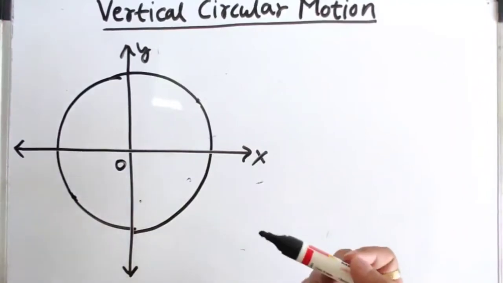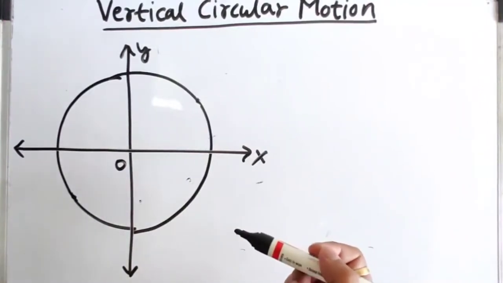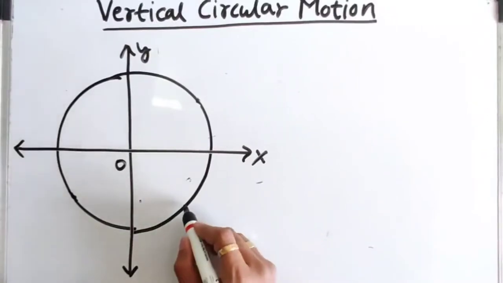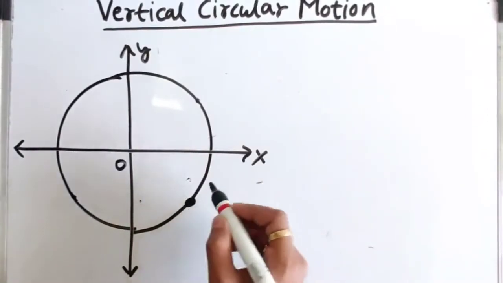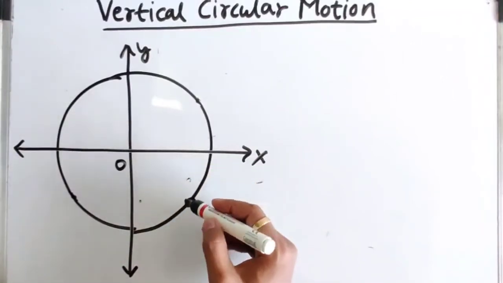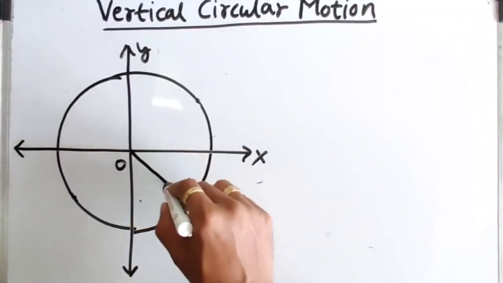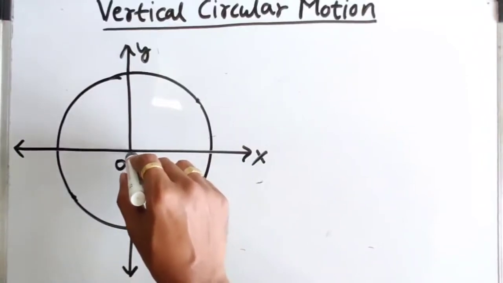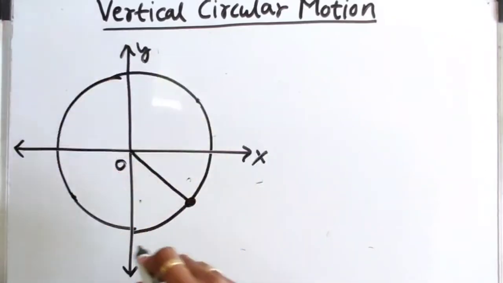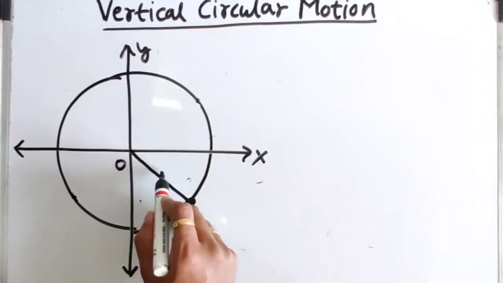To understand vertical circular motion in more detail, as shown in this figure, consider an object of mass m. It's tied at the end of a massless and inextensible string, which is held at the center of this xy coordinate system, say at point O, and reeled in a vertical circle, say of radius r.